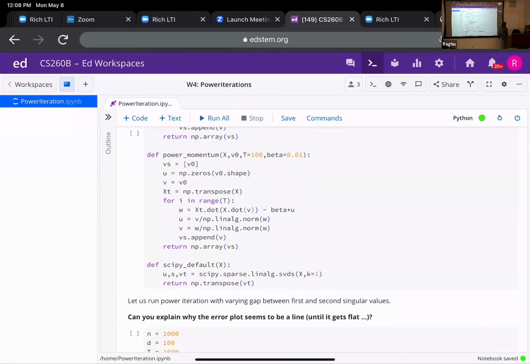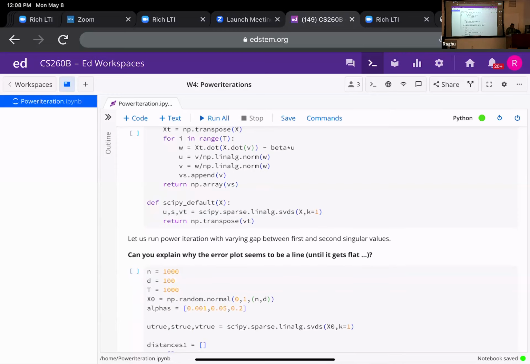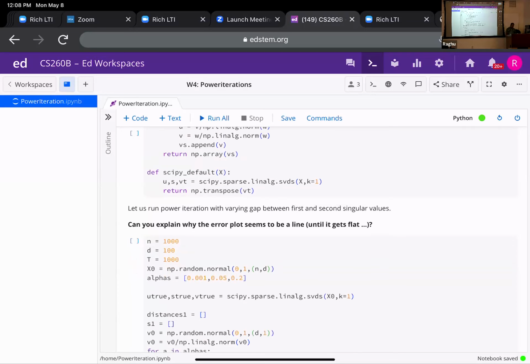And this is the default singular value decomposition. This computes the entire thing exactly, and we're just using it for plotting. Otherwise, you wouldn't do it. My dimension is 100. I have 1000, and I'm going to run power iteration for 1000 iterations, which is a huge overkill. What matrix am I going to run it on?